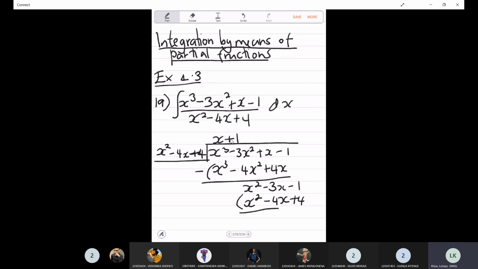And then subtract, as always, x squared minus x squared is 0. -3 minus -4, this is just x. And then -1 minus 4 is -5. Okay, now the degree here is less than the degree we have there, so we can stop and rewrite this like this.